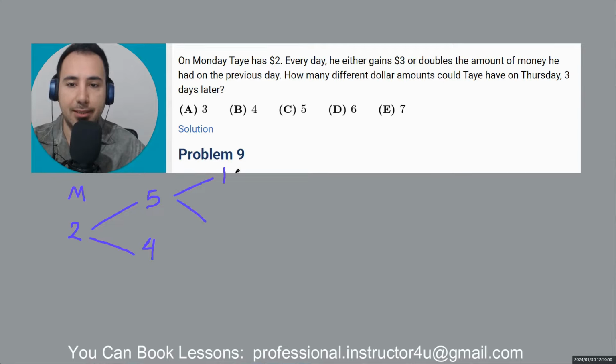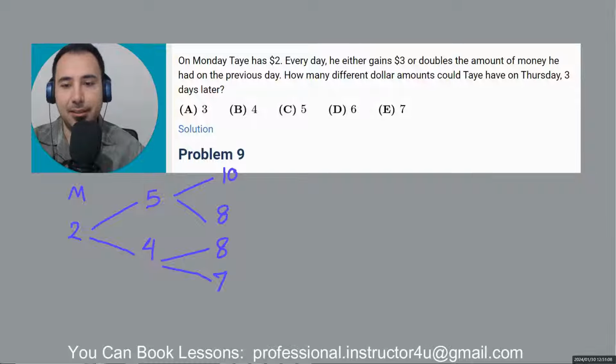We could either multiply 5 by 2 and get 10, or add 3 and get 8. So the same thing: we could either multiply 4 by 2 and get 8, or add 3 to the previous number and get 7. As you see, something like this happens here. These are both 8, so they're going to produce the same values.